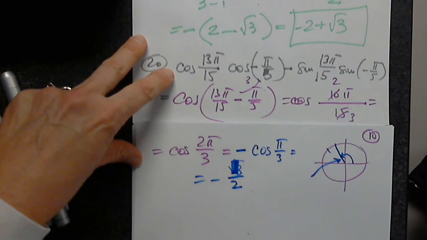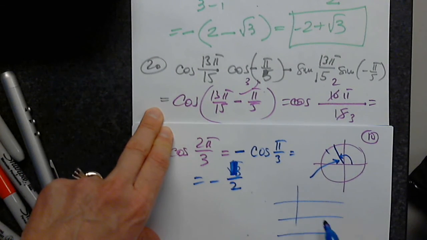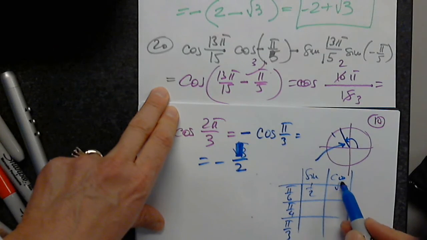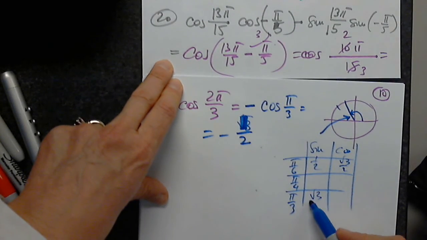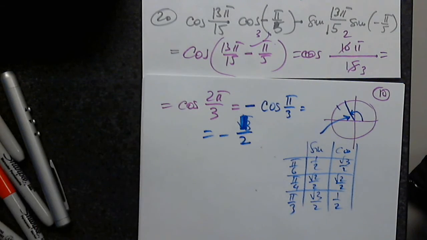You're very powerful today. Don't tell me to jump from the Empire State Building. So remember this is pi over 6, pi over 4, pi over 3. This is sine and this is cosine: 1/2, square root of 3 over 2; square root of 2 over 2, square root of 2 over 2. So it's negative 1/2. Very good.